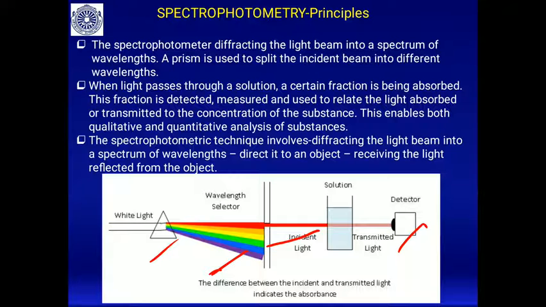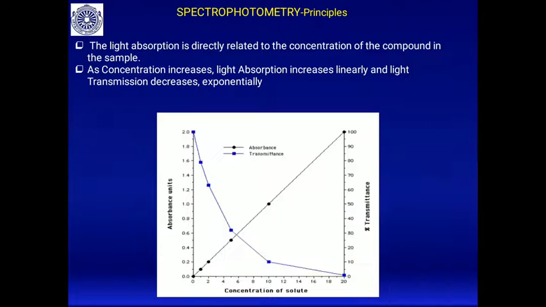Then we choose the wavelength to pass, because depending on the color of the solution, that light will be passed onto the sample. Then the light is transmitted, the detector detects the amount of transmitted light, and we can also analyze the absorbance, whatever is absorbed by the solution.